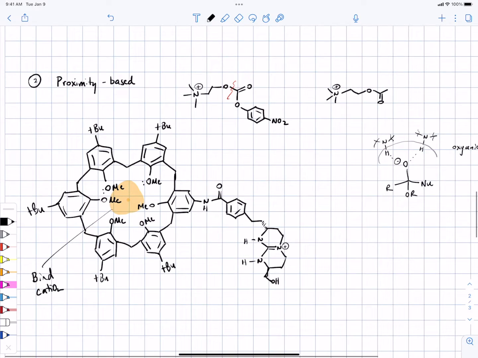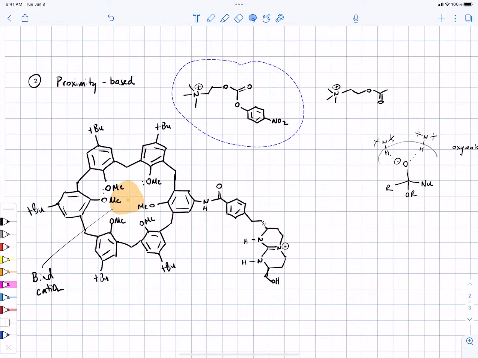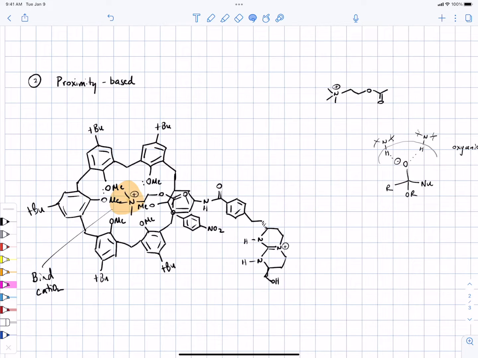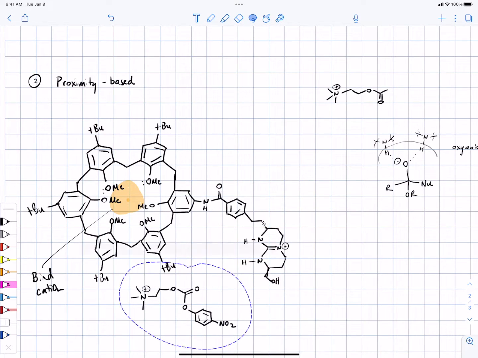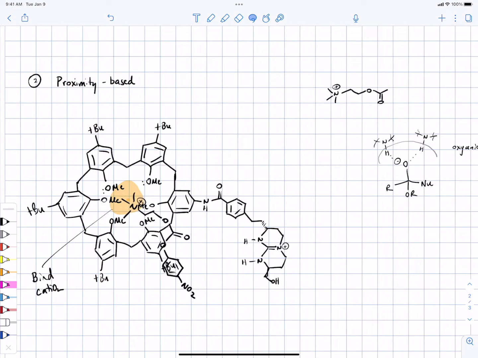But the idea is, okay, maybe if we bind the substrate, and we'll just use cheapo animation, maybe if we bind the substrate there, maybe that brings the carbonyl into such a position where it can be stabilized by hydrogen bonding with the guanidinium NHs.